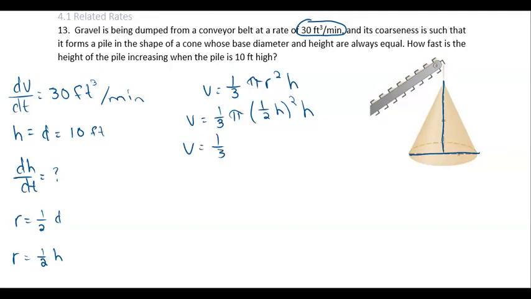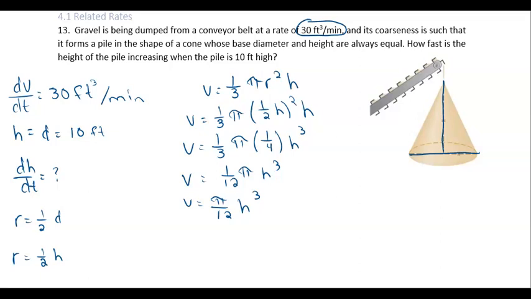So I'm left with volume is 1/3 pi, 1/2 squared gives me 1/4, h squared times h gives us h to the third. Multiply your fractions, so we have 1/12 pi h to the third, or pi over 12 h to the third. That's just some algebra manipulation on our equation. We haven't done any calculus yet. All we've done is create an equation.